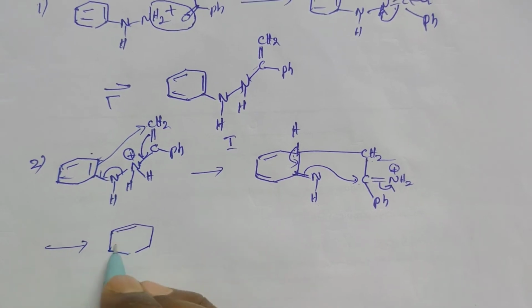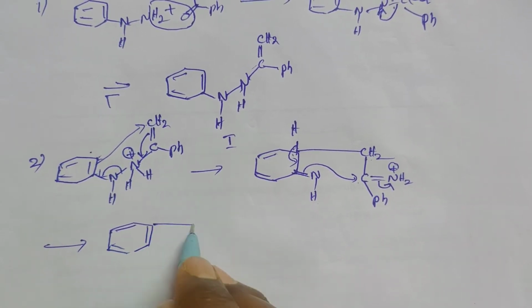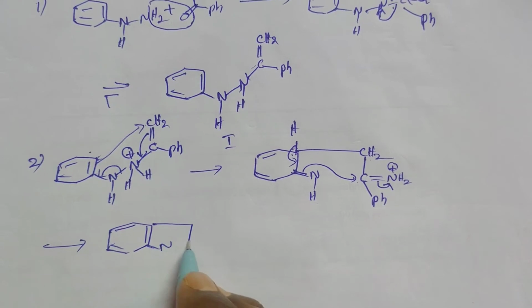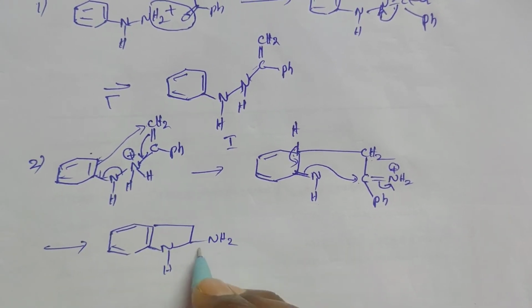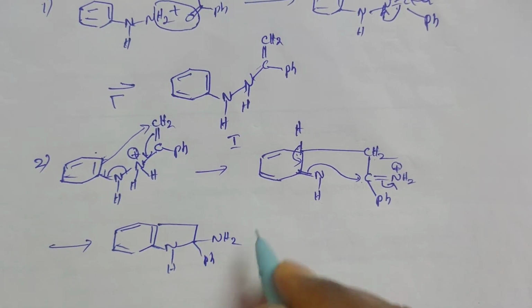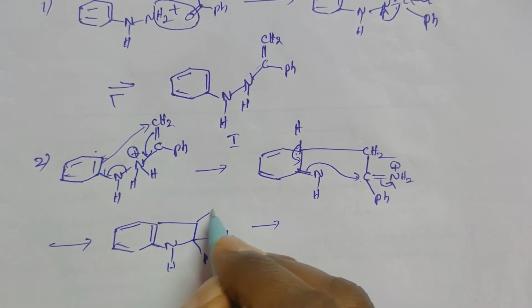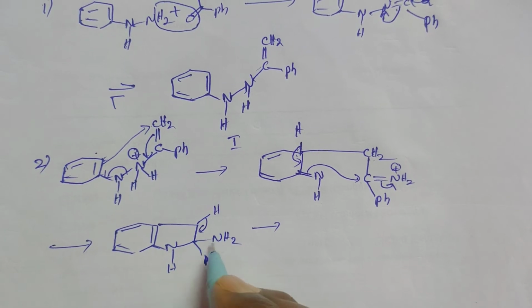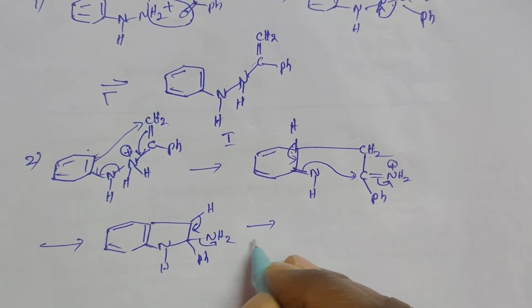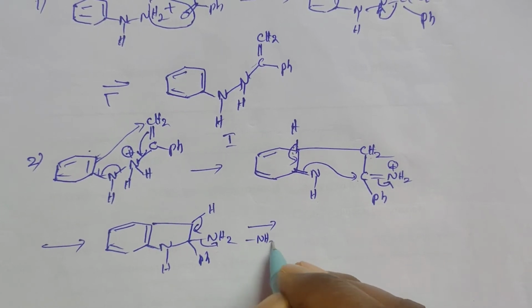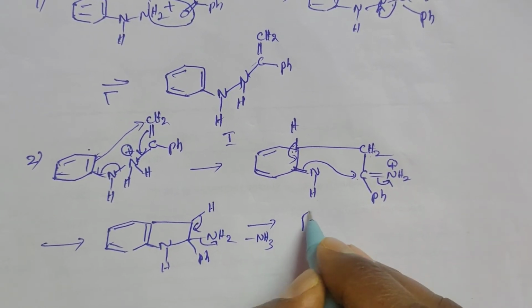Look here, NH2 and Ph. And in the next step, ammonia goes outside in the presence of the acids, and we get the indole product.